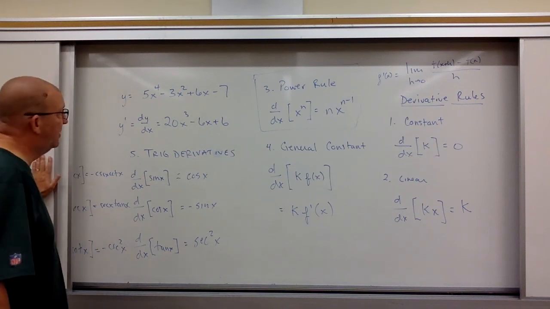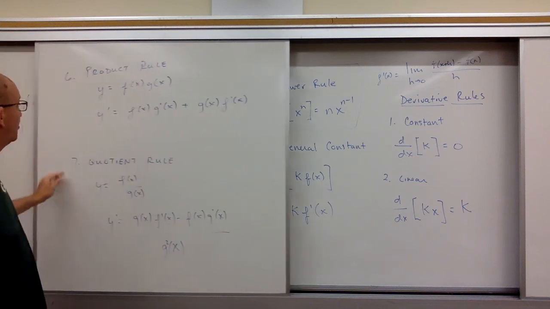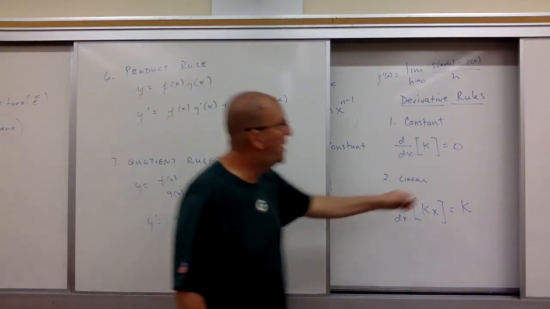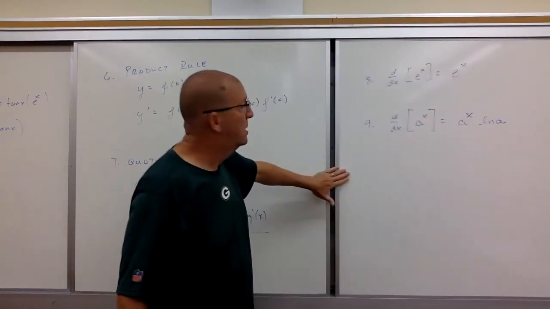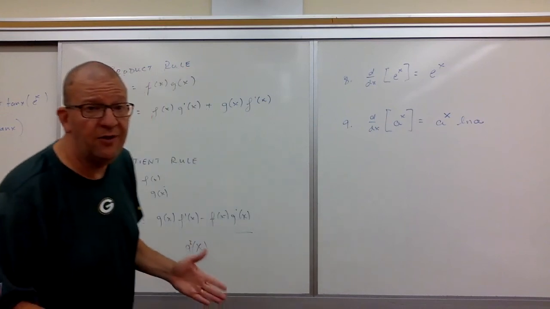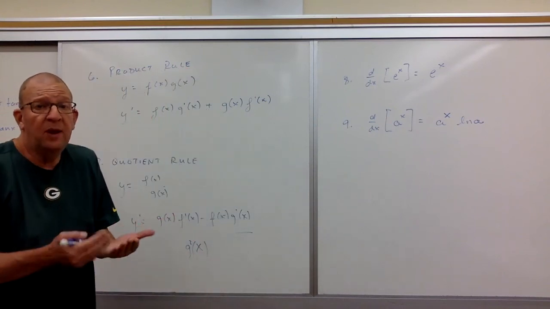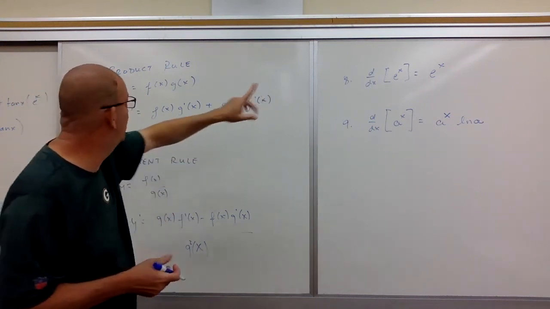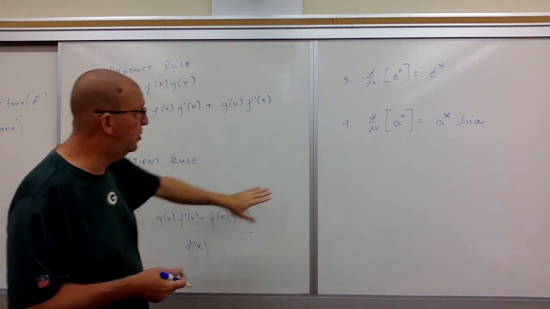You then have your product rule and your quotient rule, followed by your exponential rules. So here they all are. These are the big ones you need to know. Okay? Exponential rules, product rule, quotient rule.